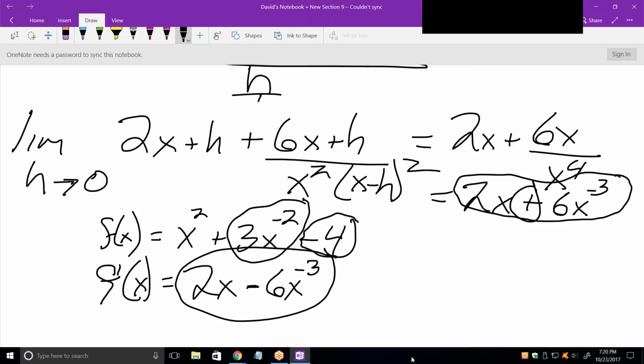Gotcha. Now, it's annoying that they make us do the long way when we can just use the power rule. For the life of me, I've never been able to understand it. You would think that when you're teaching somebody calculus, you start with the easy method first, then the medium method, and then eventually the hard method.